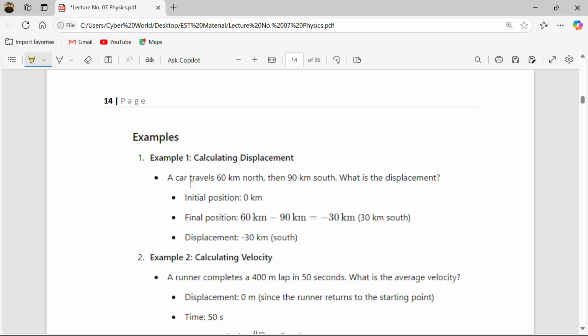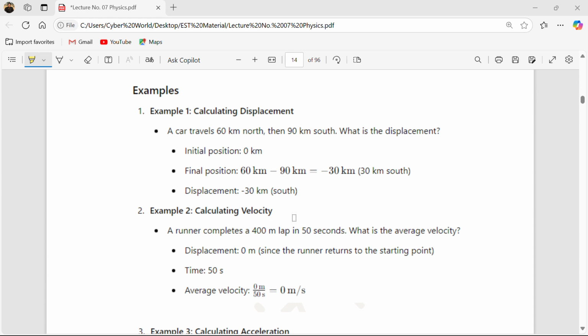Your car travels 60 north, then 90 south, so 60 minus 90 you will get minus 30 kilometers, meaning 30 kilometers south. The displacement is minus 30 kilometer south, because the formula for the displacement is final position minus initial position. Final position is 60 minus 90, which becomes minus 30, minus 0, so it remains minus 30.